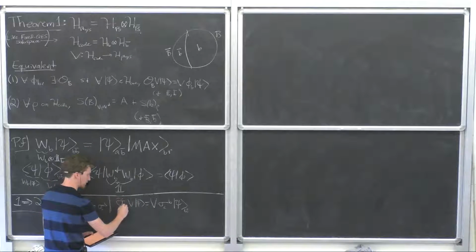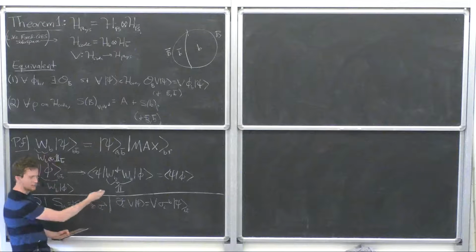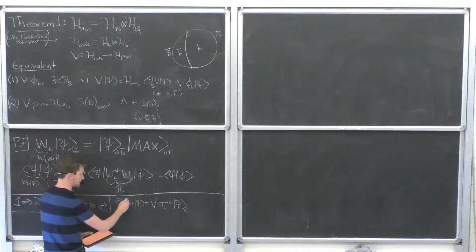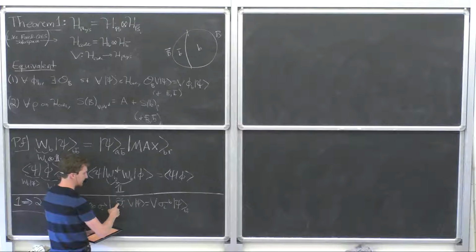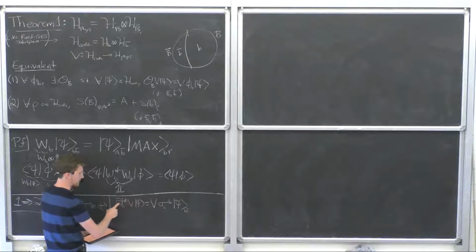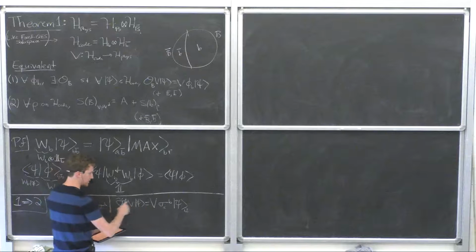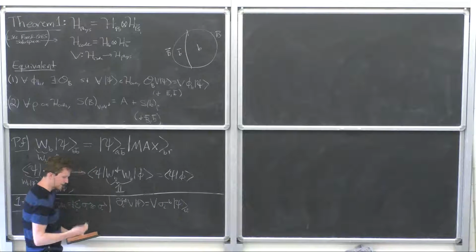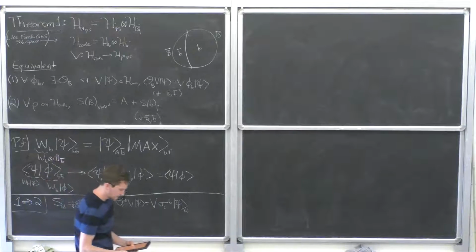I'll call it sigma tilde or something. This guy acts on capital B. Maybe I'll write a capital B here. But so this is the reconstruction of this Pauli. That's what condition 1 guarantees.